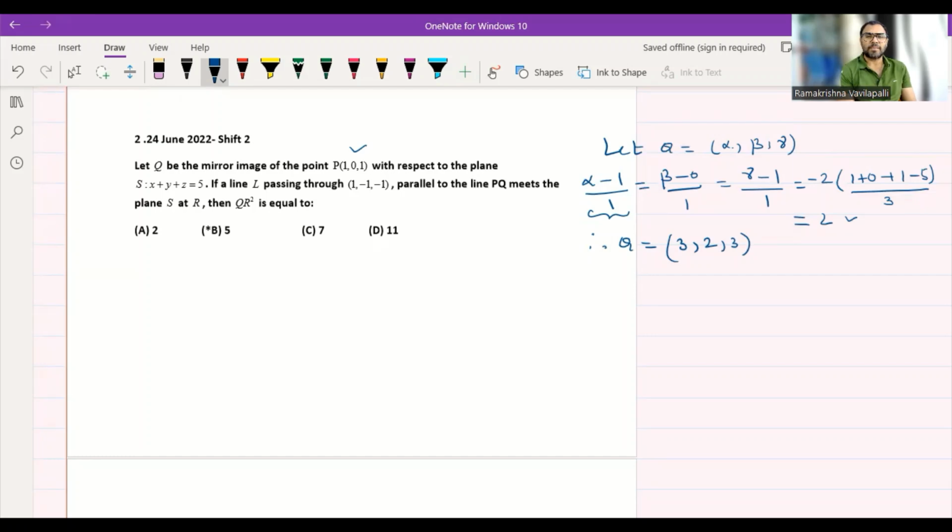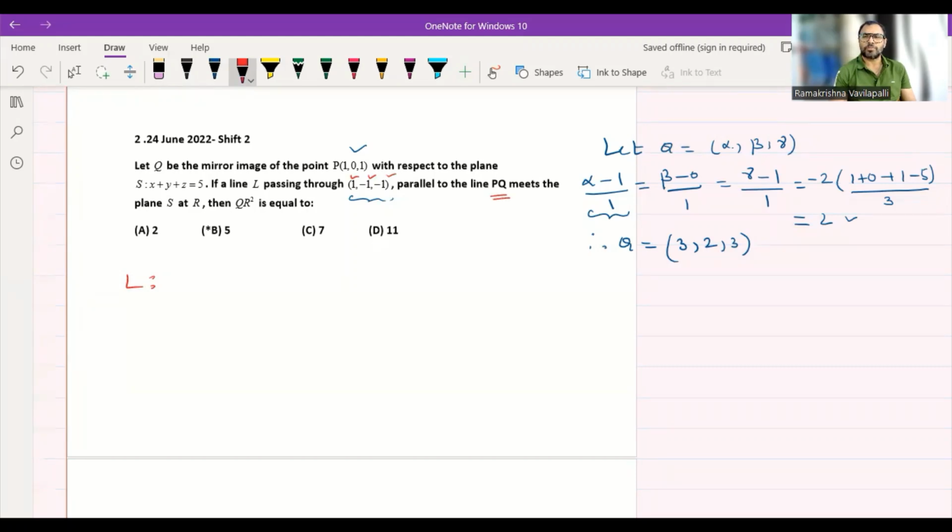If a line L passing through this point and parallel to the line PQ. So here what is the equation of line L? Line L is passing through the point 1, -1 and -1 and parallel to line PQ.